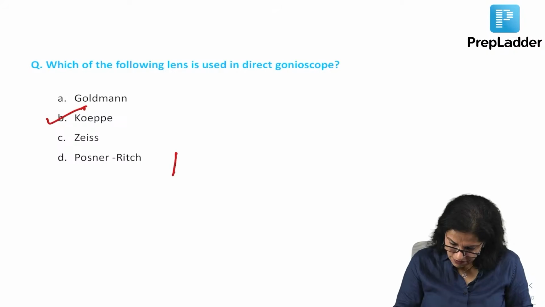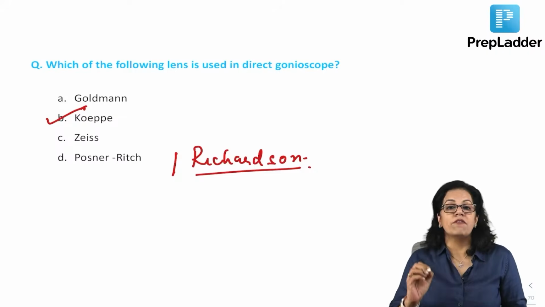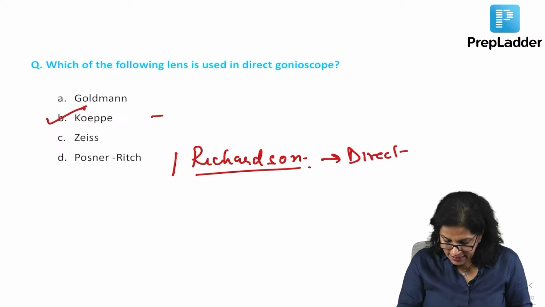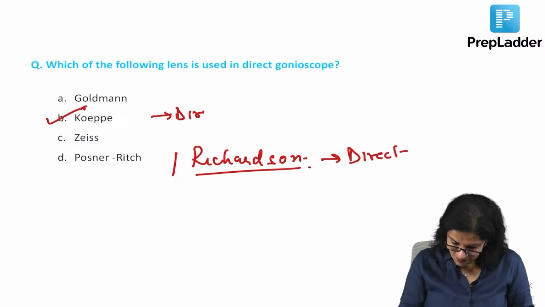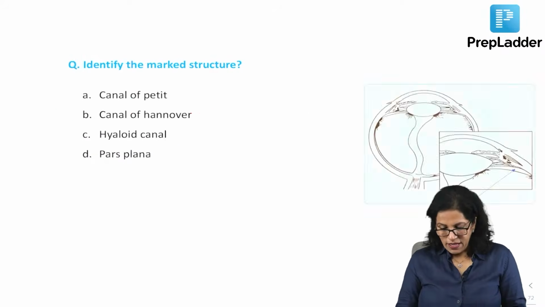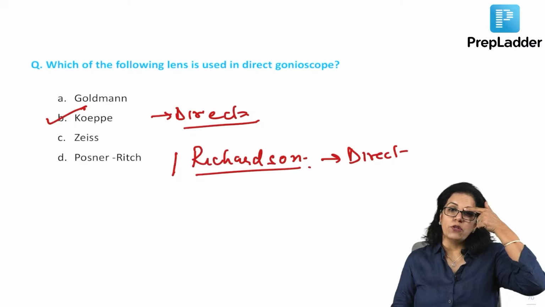If Richardson is given in your option, it was changed at the last moment not to cause confusion, but in your PYQ more than one answer was correct. So, this is also direct and this is also direct. Thank you for mentioning it.